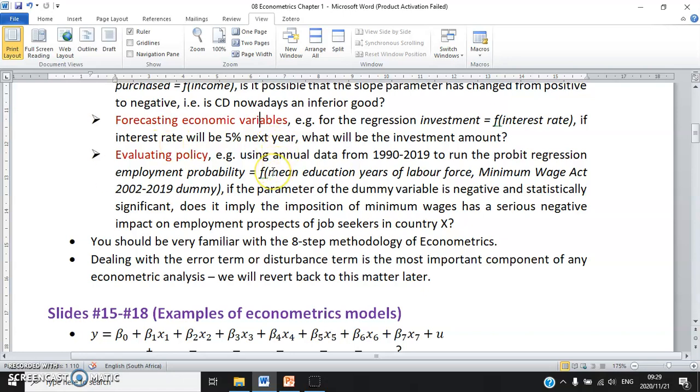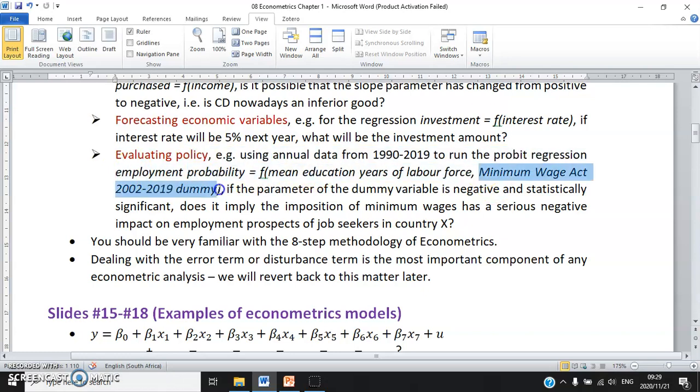So if I run this regression, employment probability, it means nationally the employment likelihood of the labor force or the job seekers is a function of the mean years of education of the labor force. I think we expect a positive slope here because the more educated the labor force on average, the higher the employment probability. Remember, the labor market demands highly educated people.